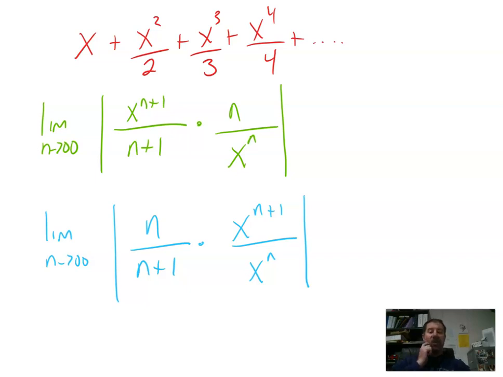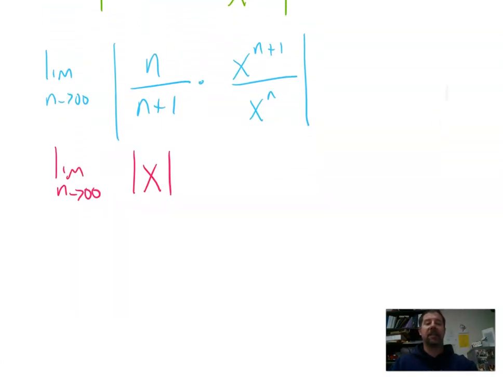If we look as n goes to infinity, the plus 1 basically goes away. So this is n over n, and that cancels off. Becomes 1, so I don't have to worry about that part there. Over here with the x's, I'm going to subtract exponents, and I'm going to end up with just x. So we end up with the limit as n goes to infinity of the absolute value of x.